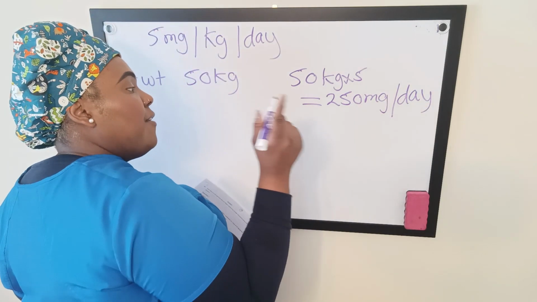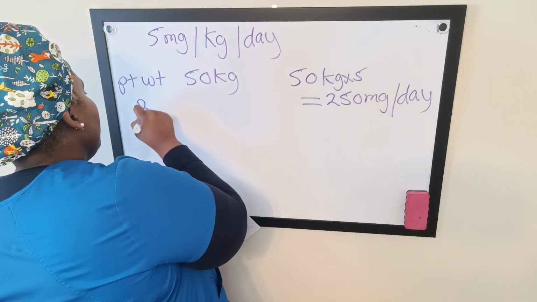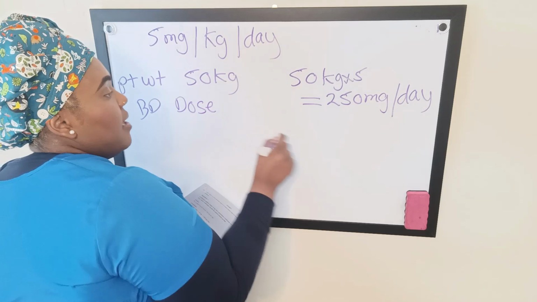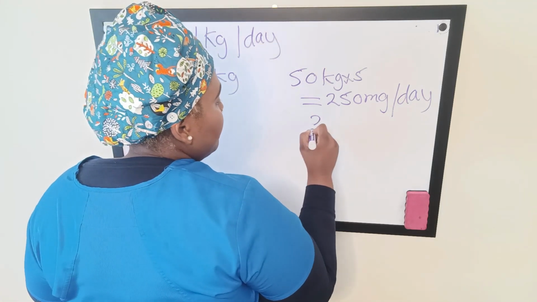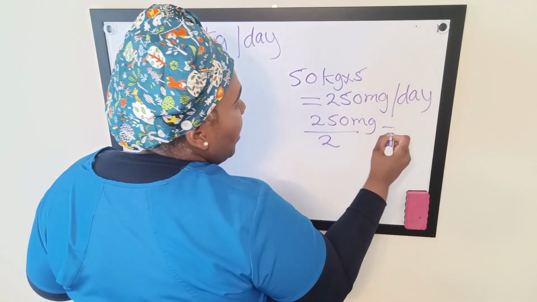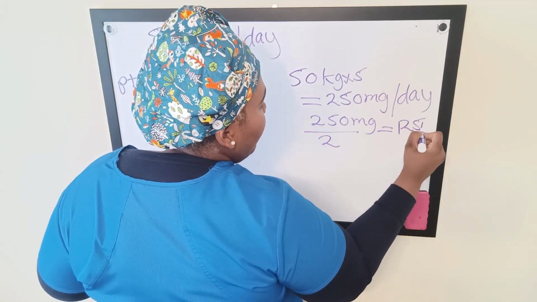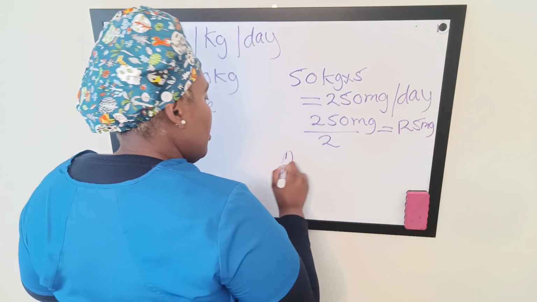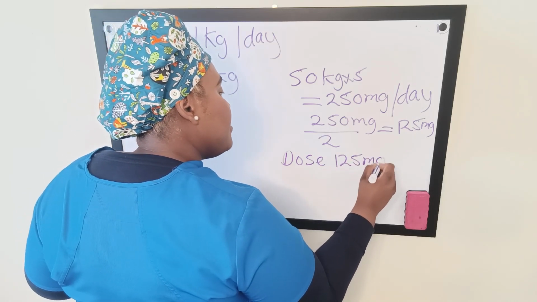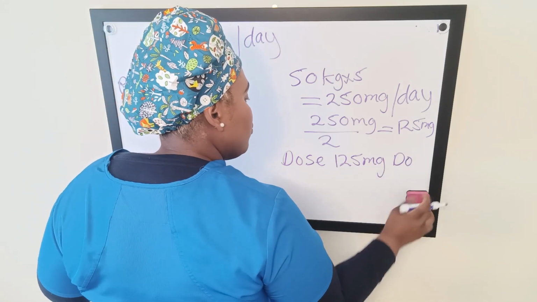And we want to find out for a dose, because the dose is BD, twice daily. So we have to divide this by 2, and we will get 125 milligrams per dose. So this patient is getting 125 milligrams every dose.